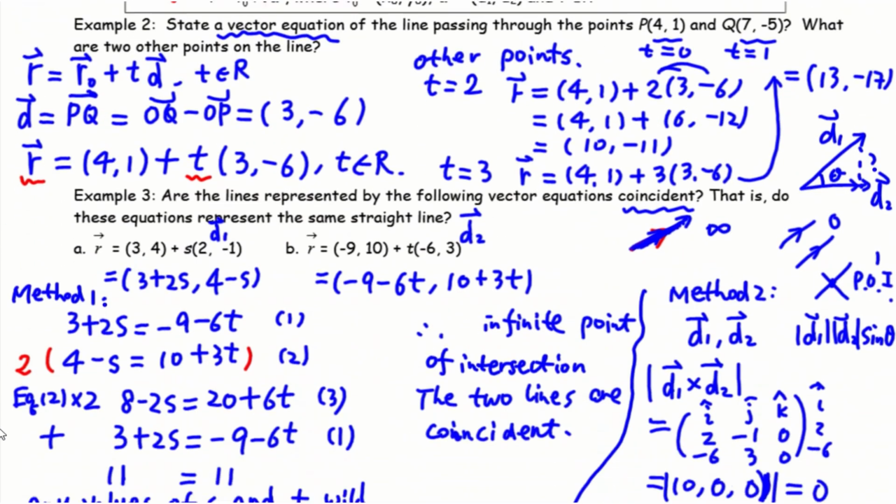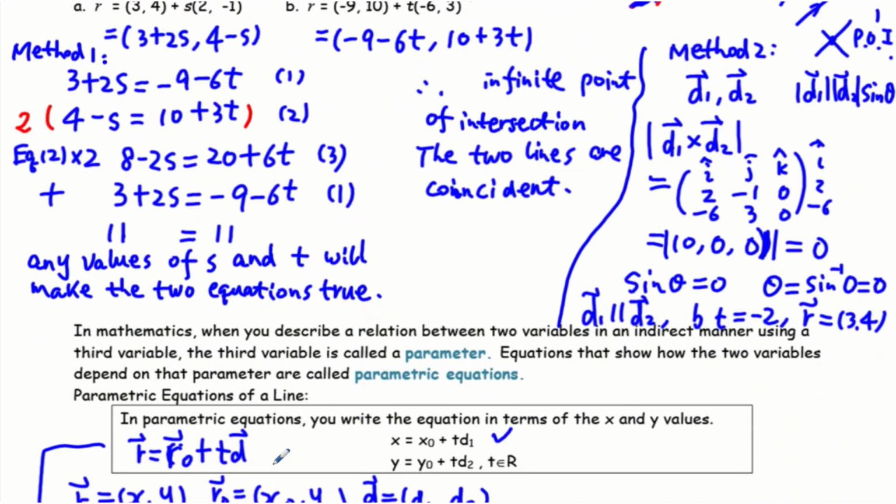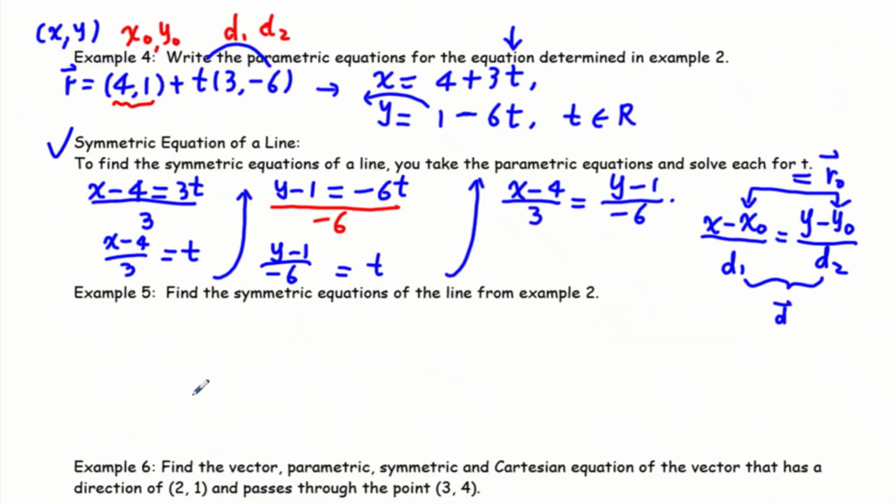The second one is to write the x, y components out, and we call it parametric equations. So x equals x0 plus td1, and y equals y0 plus td2, just the x, y components separately. Then the third form is x minus x0 over d1 equals y minus y0 over d2, divided by the direction vector.